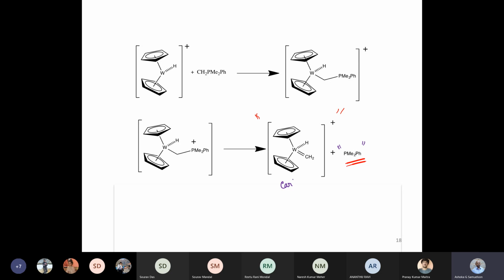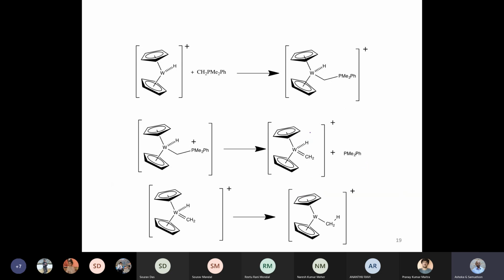This is a carbene hydride complex. So this is a 2-electron donor. This is a 1-electron donor, typical 1-electron donor. So now you are set up to do a migration reaction. If it did a migration, what you end up with is migration of the 1-electron donor onto the 2-electron donor, resulting in the formation of again a 1-electron donor.